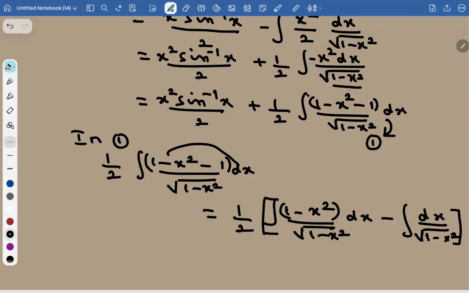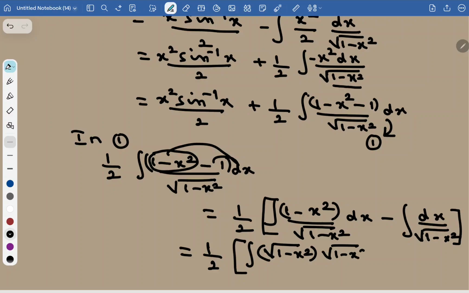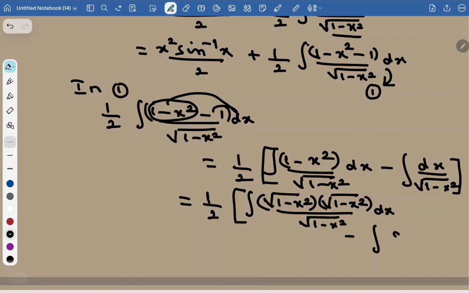Now 1 by 2 integral, 1 minus x square can be written as 1 minus x square into root of 1 minus x square divided by root of 1 minus x square dx, minus integral dx by root of 1 minus x square.